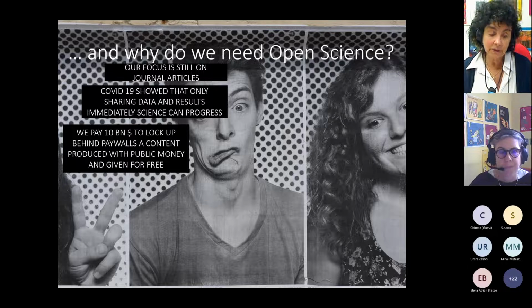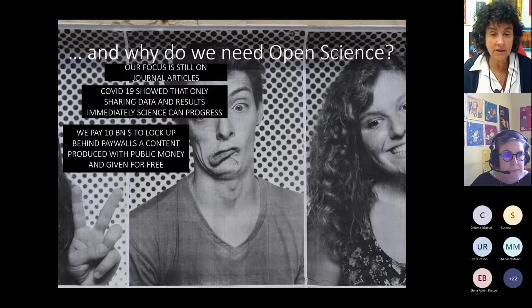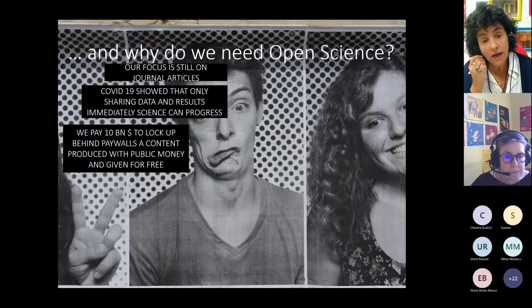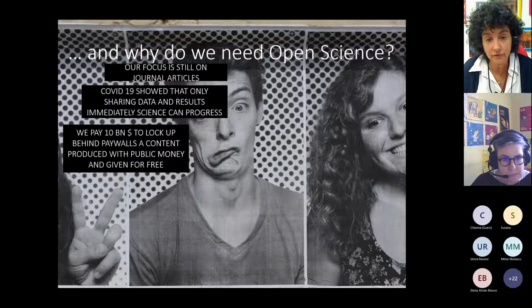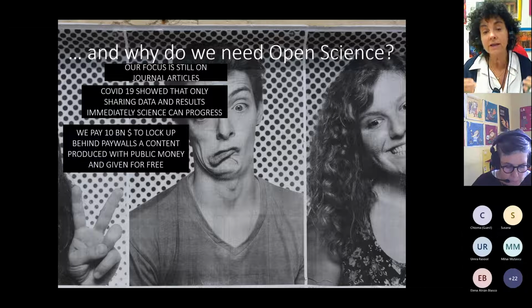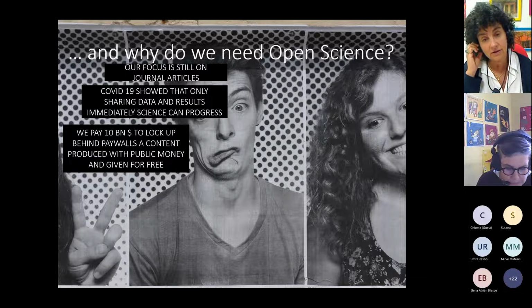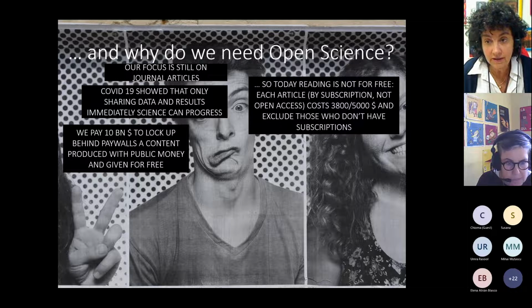The problem is that we are paying every year $10 billion in subscriptions to lock up the content which we produced by public money and gave to publishers for free. So you basically produce research by public money, then you publish in a journal, and then we have to rebuy the content, spending 10 billion every year of public money to subscribe to journals.